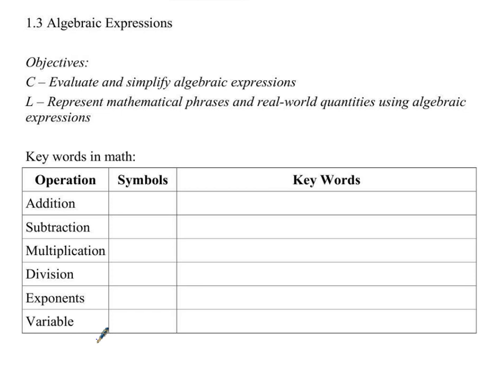Do we have a symbol for addition? A plus. Do we have any other symbols for addition that we know of? No, that's as far as we got, is a plus. All right, do we have any key words? Words that when you read them mean we're going to wind up adding stuff. Some. What else?